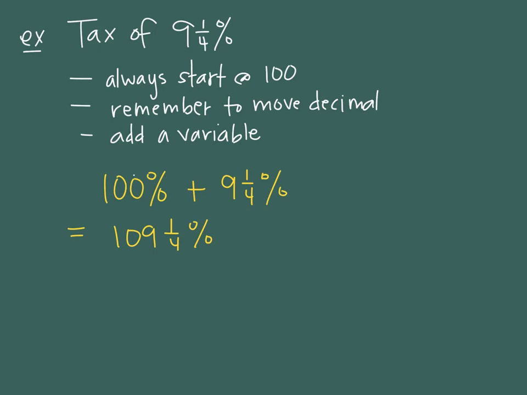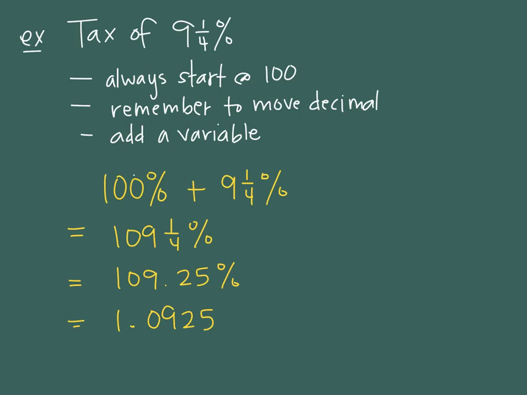Then you change that into a decimal, and a quarter, just like a coin, is 25 cents. So this is 109.25. Now we have to move that decimal. We're going to move that decimal 2 places to the left. So 1.0925.